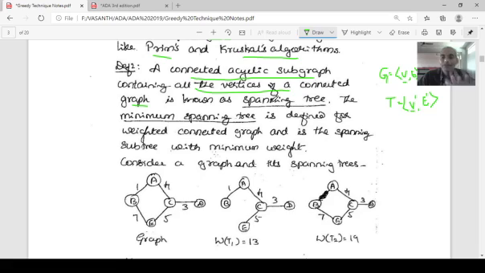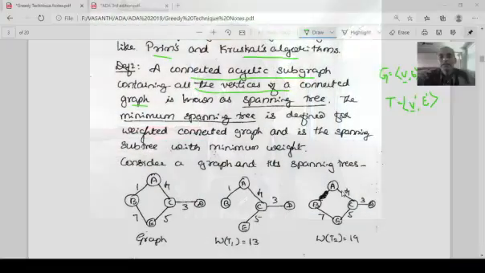This is our definition. So a spanning tree is nothing but a connected acyclic subgraph which contains all the vertices of the given graph. Then we call it a spanning tree.